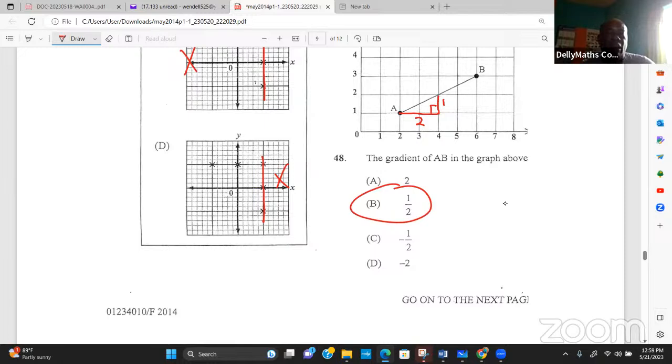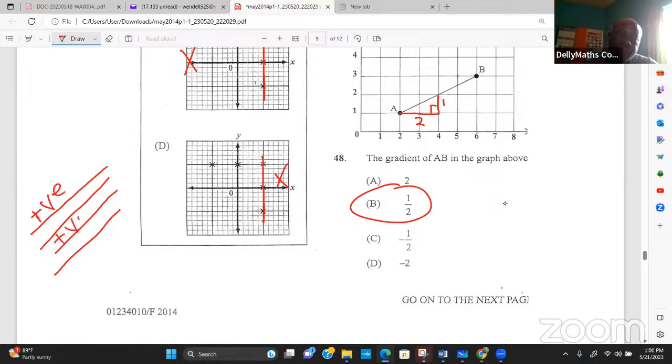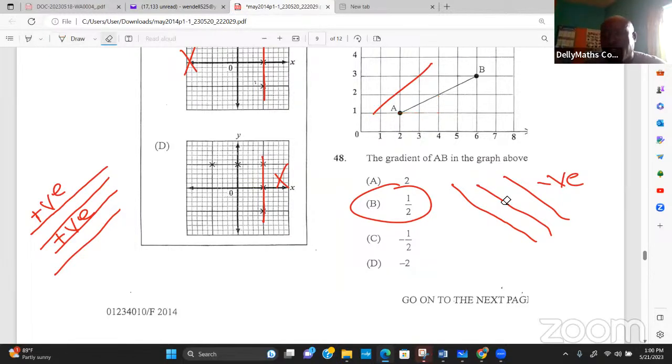Not only that, every single line that moves from left to right going uphill is a positive gradient. So these are all positive gradients. And if the lines seem as if they are going downhill from left to right, downhill is negative gradient. As you could see, this was positive because it was going uphill. So it was positive 1 over 2. Now, if you never saw that, you could have done this as well.